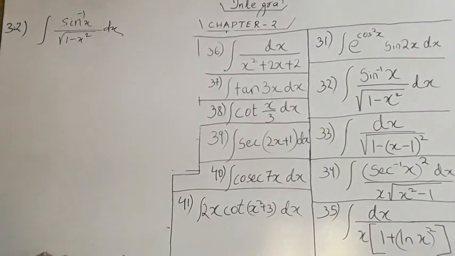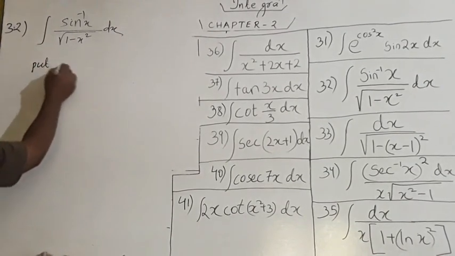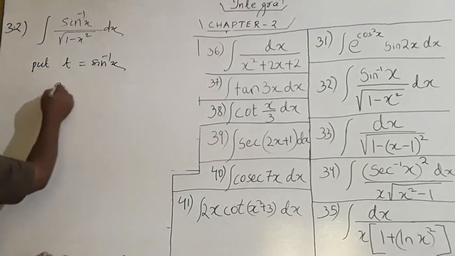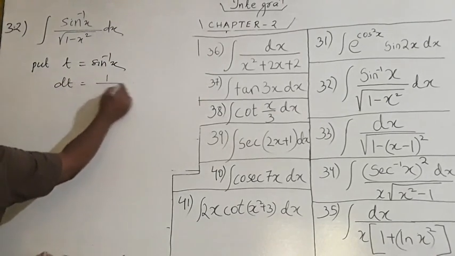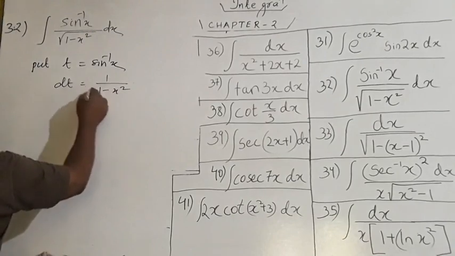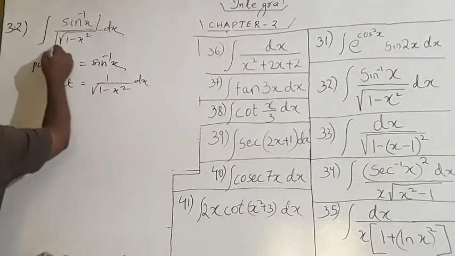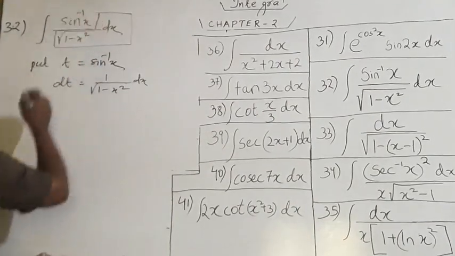Here, sin inverse x by root of 1 minus x square. You have to put t is equal to sin inverse x. Then confidently you know the derivative of sin inverse x is 1 by root of 1 minus x square dx. So take this part as dt.